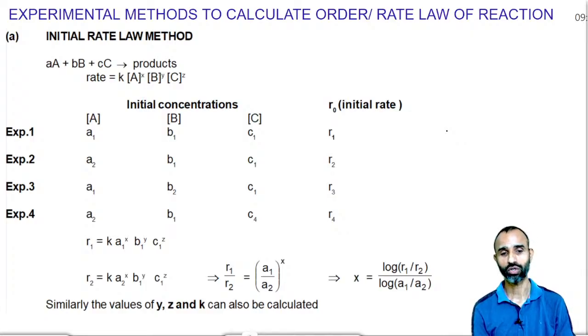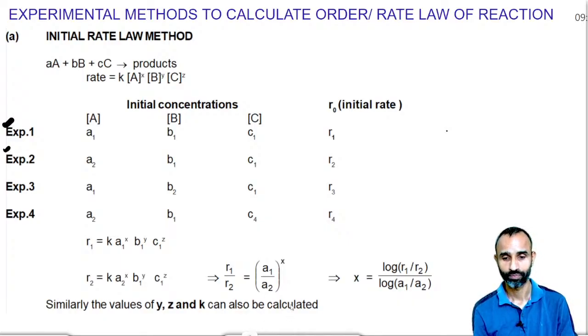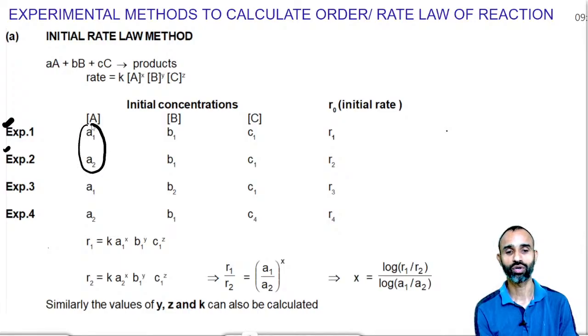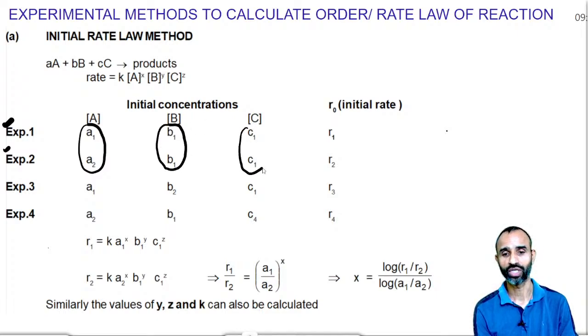The initial concentrations of A, B and C are changing, and accordingly the initial rate is also changing. So first of all, from experiment 1 and 2, see there is a change in concentration of A, but the concentrations of B and C are left unchanged.